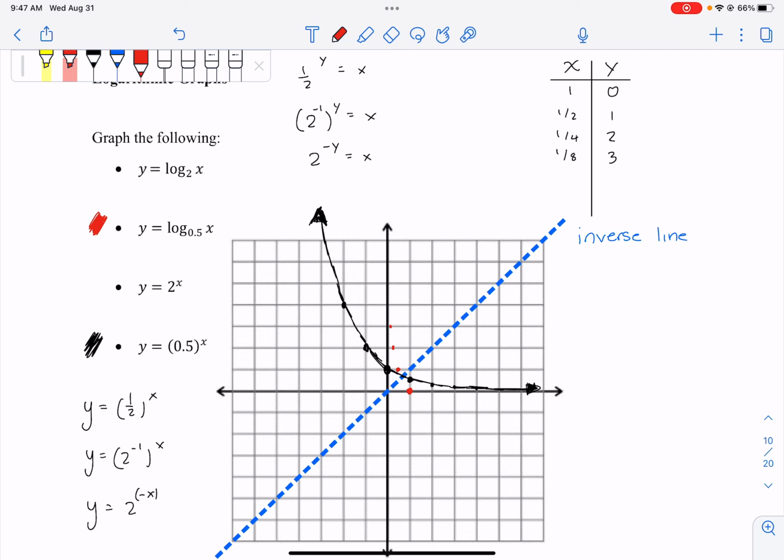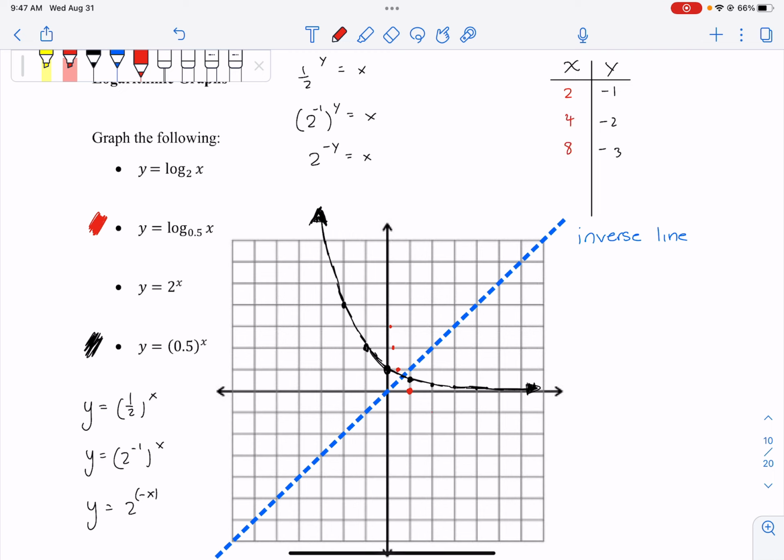There. And if we go along just a couple other points, let's do negative 1, negative 2, negative 3. If we plug it in, negative 1 gives us a positive answer of 2, negative 2 is 4, and then negative 3 is 8.